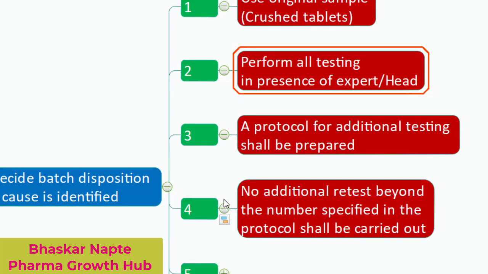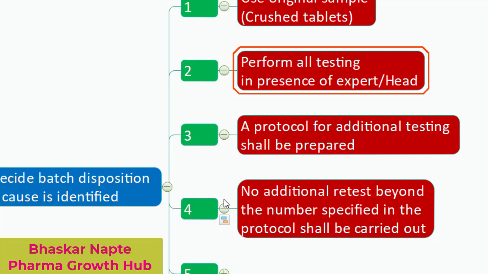Now, suppose we have started the additional testing and said let us prepare seven preparations and conduct seven measurements, and for some reason I found that the seventh result is not within the spec. All six results are within the spec, but the seventh result is out of the spec.